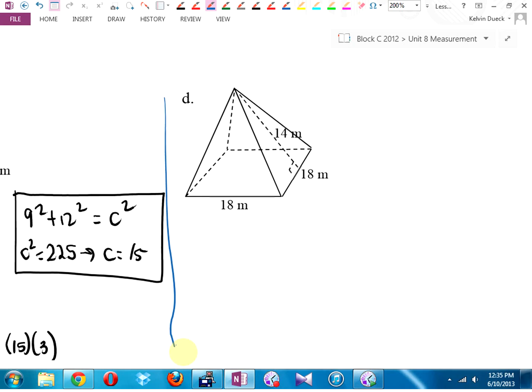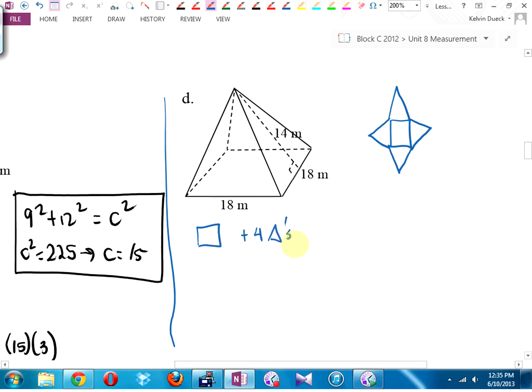What does it look like? What do you see? I think it looks like this, right? If you were to lay this flat, the net would look something like that, would it not? So I'm seeing a rectangle. In fact, a square, I think, plus 4 triangles.